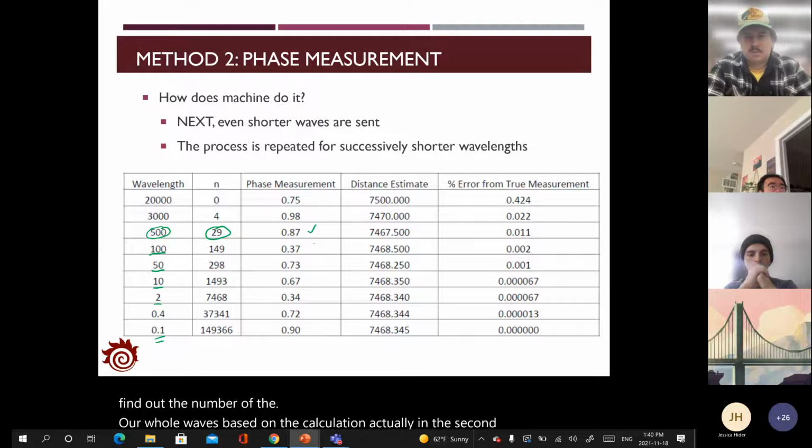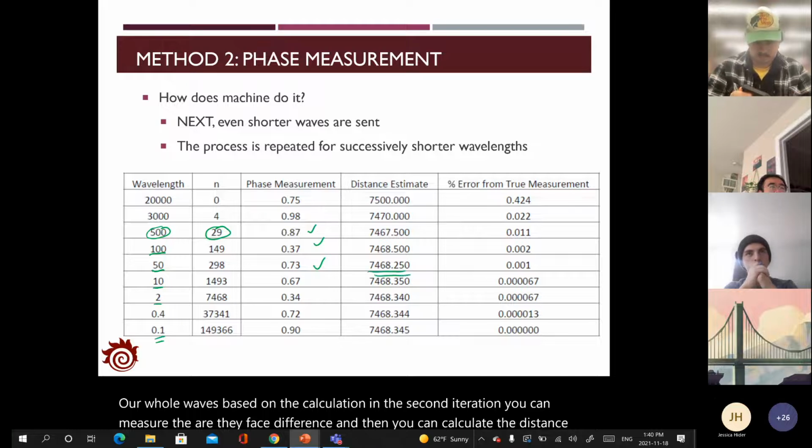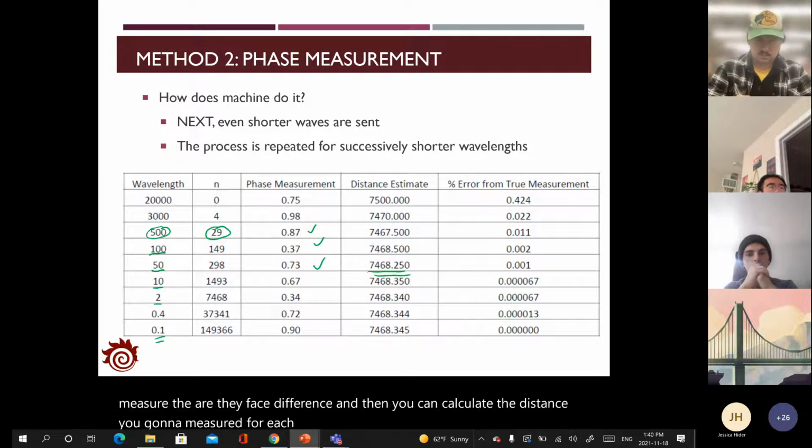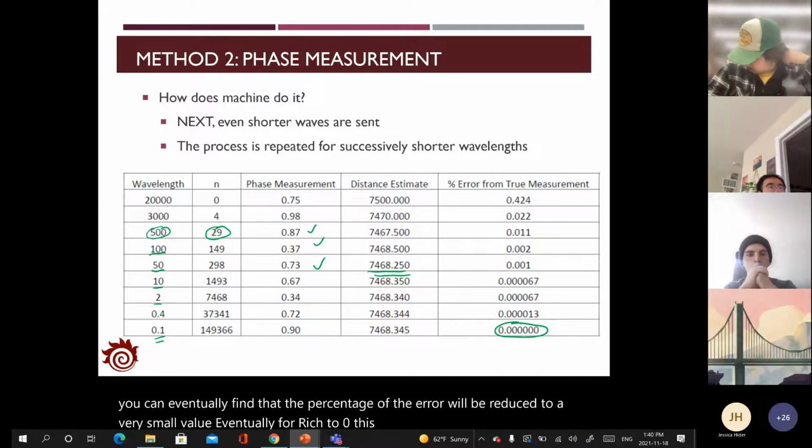You can measure the phase difference, and then you can calculate the distance you're going to measure for each iteration. If you go through this step, you can eventually find that the percentage of the error will be reduced to a very small value, eventually reaching 0.